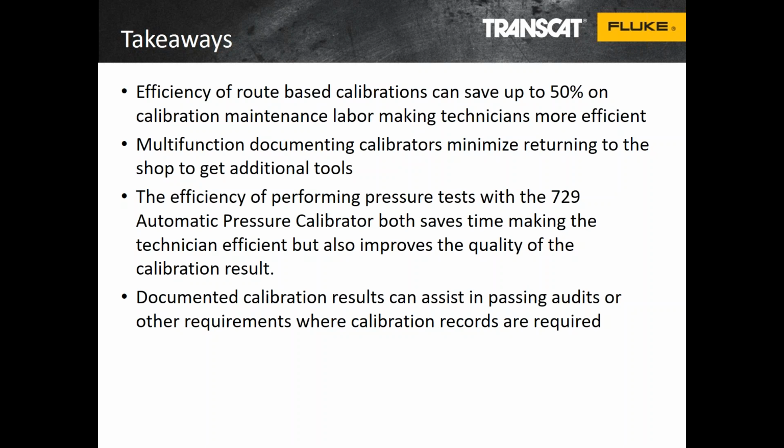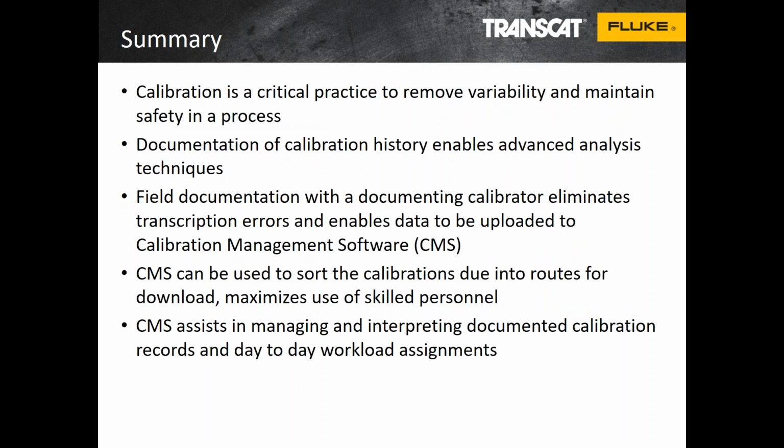Multifunction calibrators minimize returning to the shop to get additional tools. The efficiency of performing pressure tests with the 729, as Bob showed, makes automatic pressure calibration more efficient. It saves time, makes the technician more efficient, and improves the quality of the calibration result. And documented calibration results can assist in passing audits or other requirements where calibration records are required. Next.